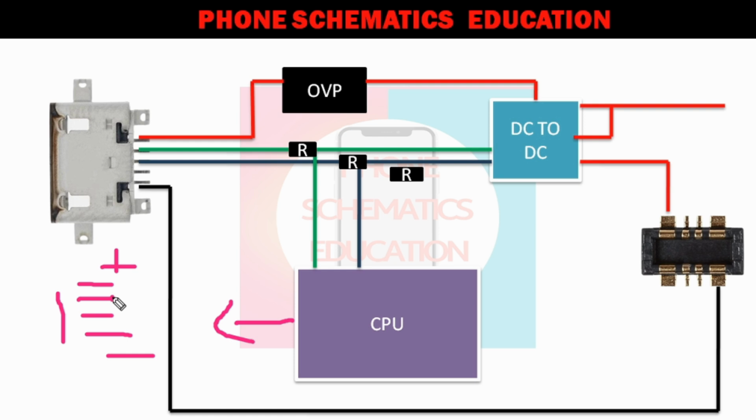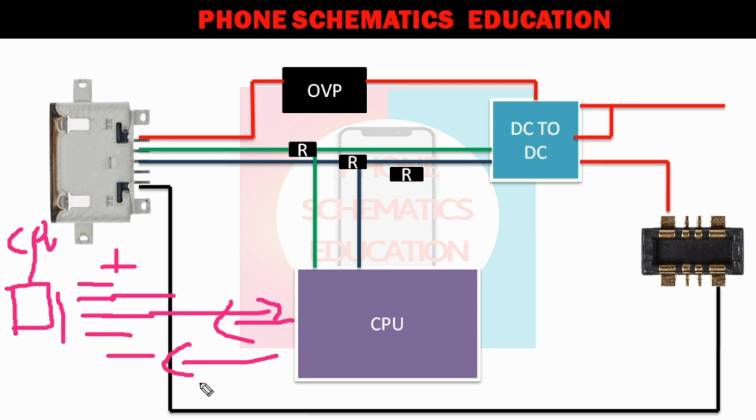When you connect through these data minus and data plus lines, your pen drive's MCU, or you can say main IC, connects to your phone's master IC. After that, you can read or write data on your flash drive. I hope you get my point.